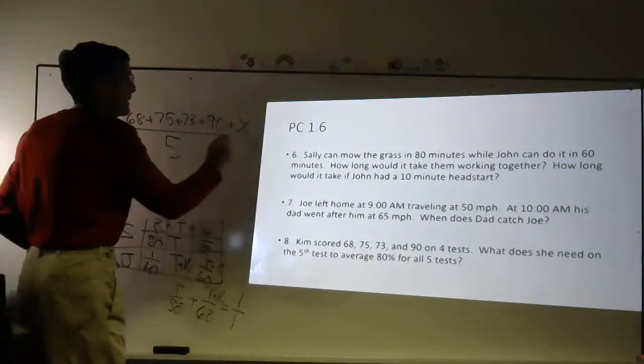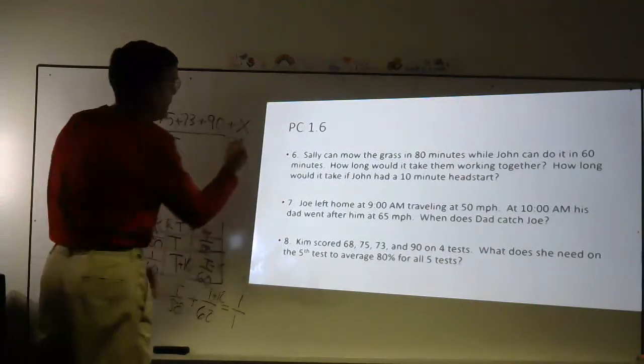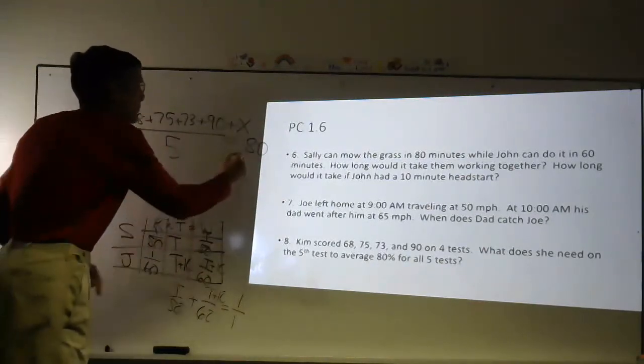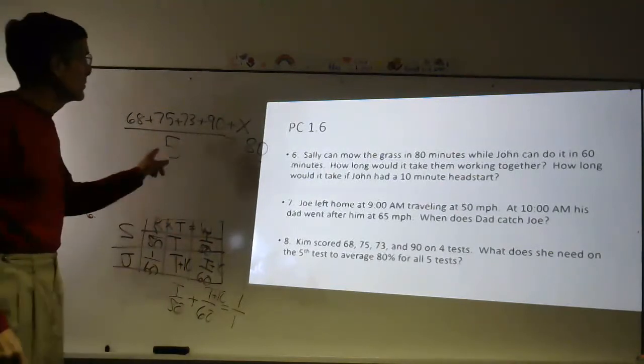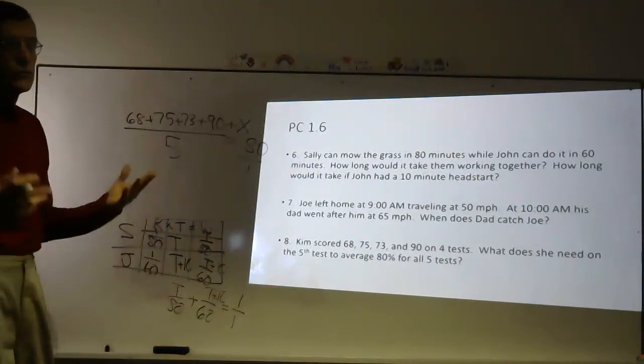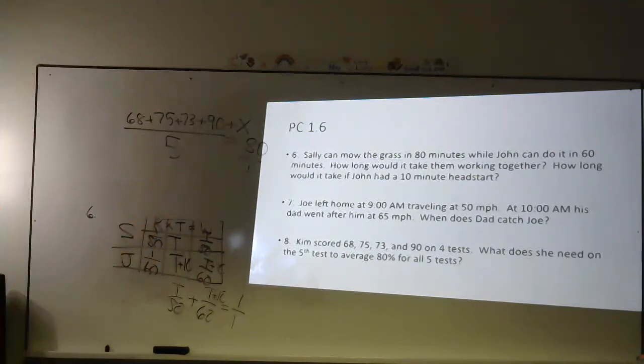Divide by 5, and we want to get an 80. Okay? When you have a fraction equal to a fraction, what's the easy way to do it? Cross multiply. 400 equals that, and that's extremely easy to solve.